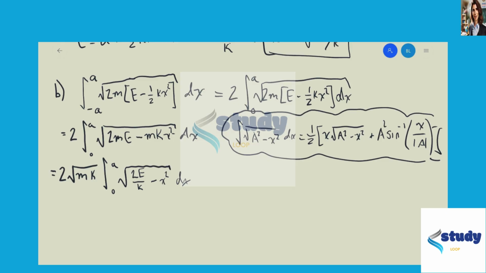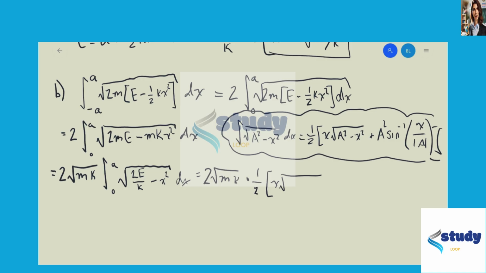Okay, so now we can simply plug this in to our standard integral we're using, and we will get our 2 square root of mk from out front, our prefactor, multiplied by 1/2 times the quantity of x times the square root of a squared.